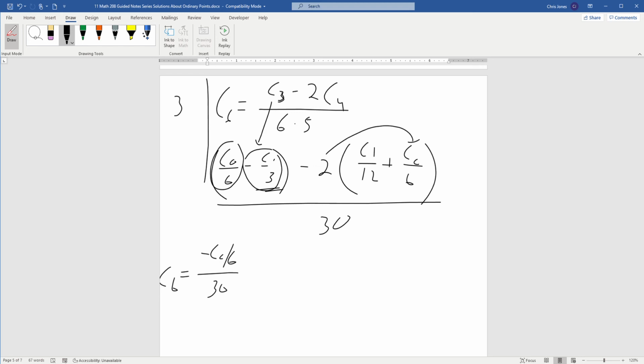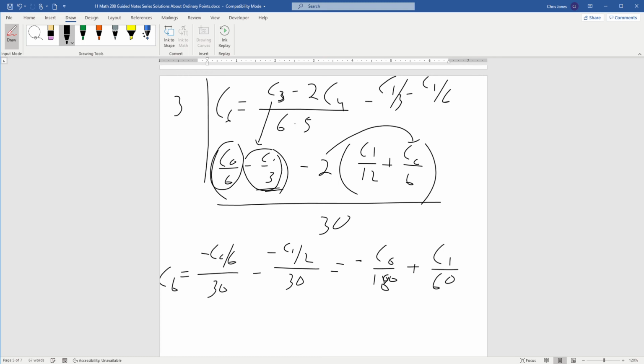So that's going to turn into negative 3/6 or negative 1/2. So when we add those together, that'll be negative C1 over 2 over 30. And mercifully, we can just say that this is going to be negative C naught over 180 plus C1 over 60. All right.